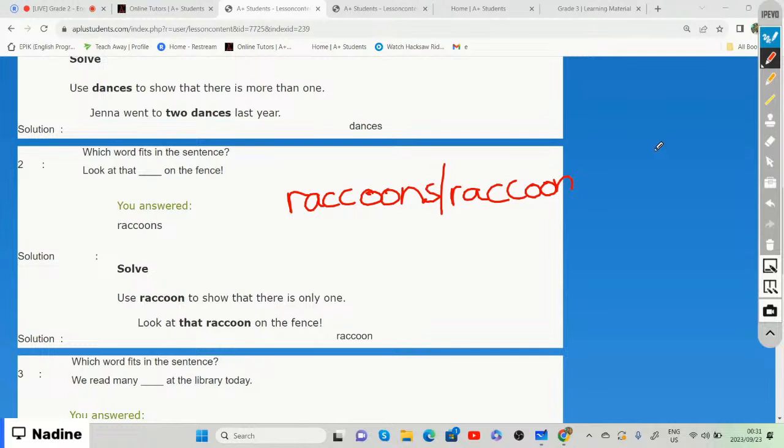Then we can say it is that raccoon, which refers to one raccoon, right? Because if you had to say, look at these or those, then we would have said raccoons. But that refers to one, right? It only shows that there is one of the raccoons that is on the fence.